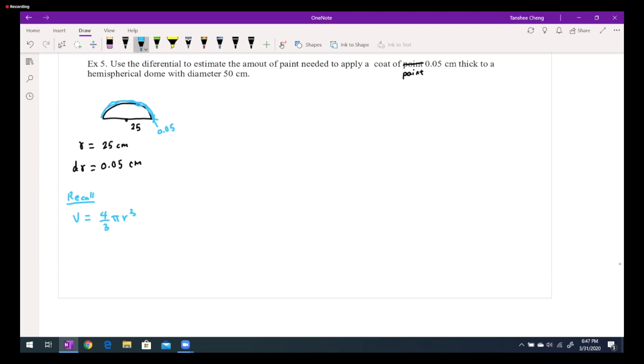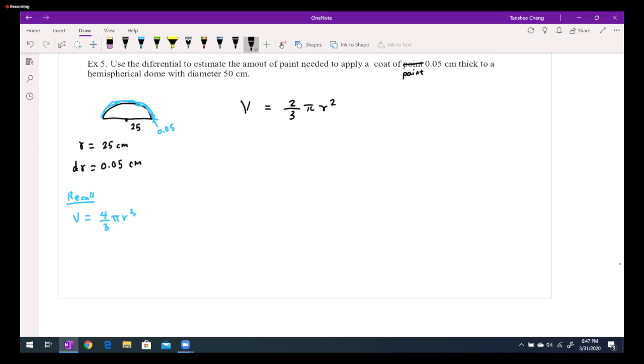Since we are talking about a hemisphere, our volume is only half of this, so the volume is equal to 2/3 pi r cubed.